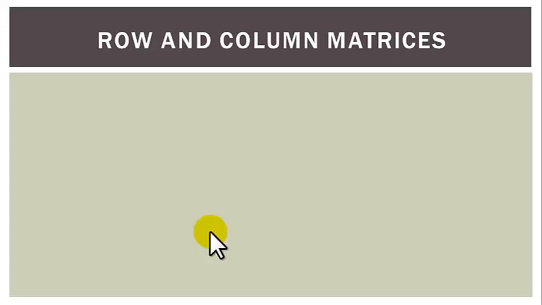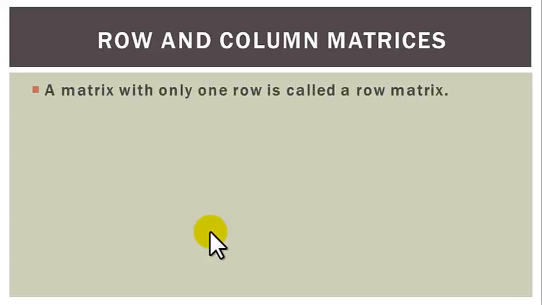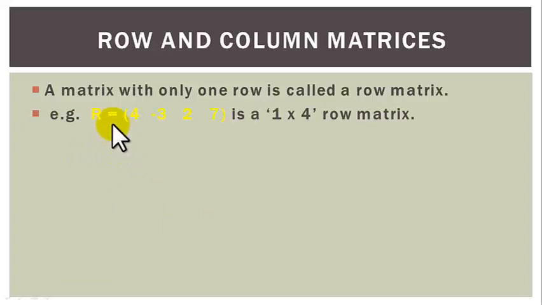Row and column matrices. A matrix with only one row is called a row matrix. For example, R equals [4 -3 2 7] is a 1 by 4 row matrix. That is, it has only one row but 4 columns.